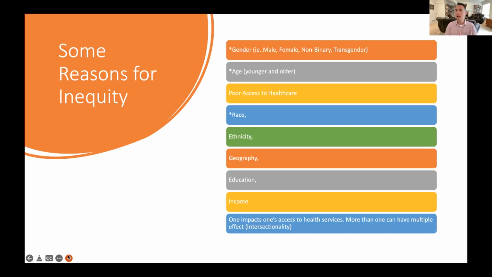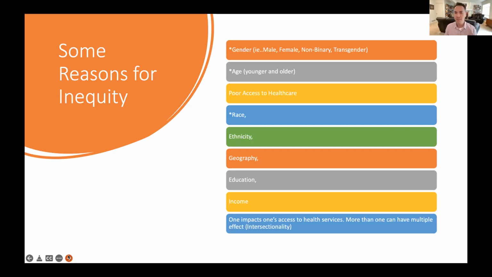Education level. Another reason for inequity is in education. Depending on where you are and what kind of education you have, there could be inequity. And then income, of course. Each of these by themselves is a reason for inequity. But when you're working with patients, a lot of times our patients are not just male.